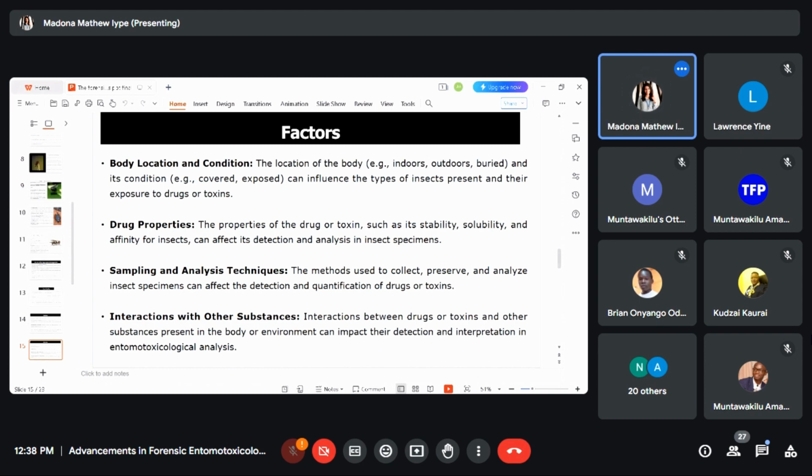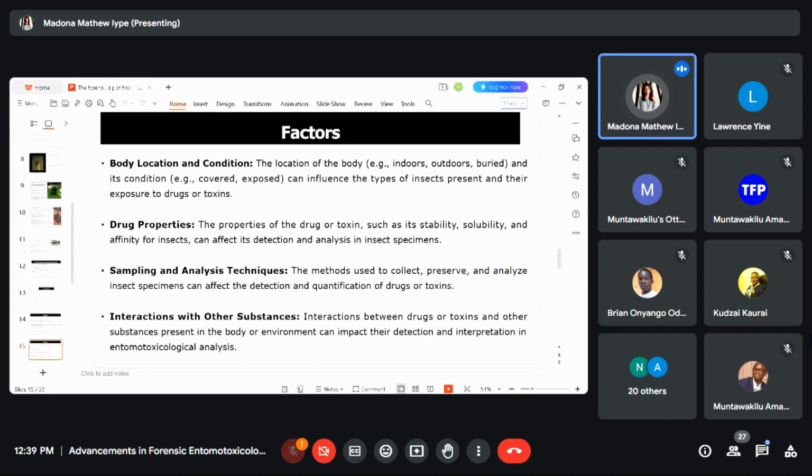in the session. Then drug properties is one major factor, because the properties of the drug or the toxin or the poison, such as stability, solubility, affinity for insects, can affect its detection and analysis in insect specimens. Then there are sampling techniques and analysis techniques as well.